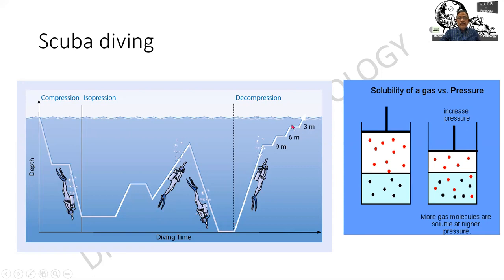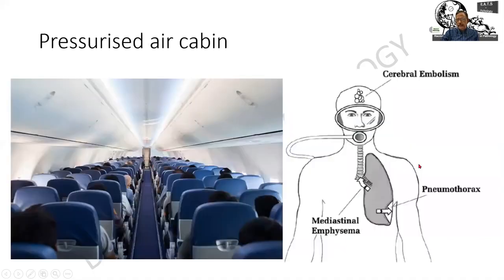But when he tries to come up rapidly, there is a sudden decompression. Because of this, the air bubbles start coming out, and therefore they will be getting precipitated, particularly the nitrogen. It causes large bubbles and it will lead to obstruction of the vasculature, and that is called as air embolism. Normally, the gas will be soluble under pressure, and this is called as Henry's law.